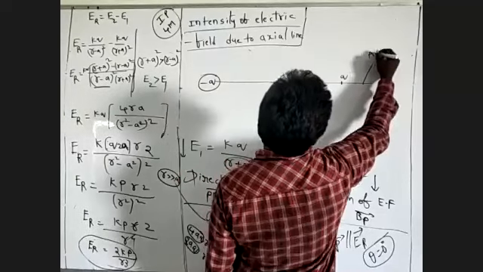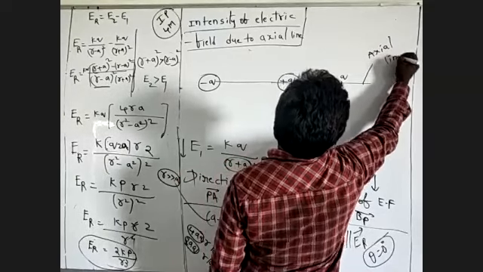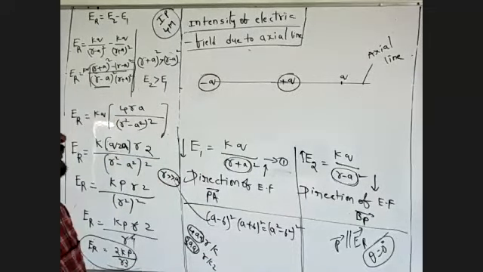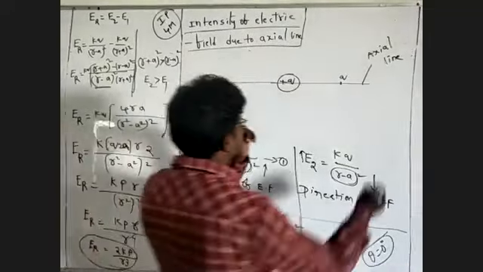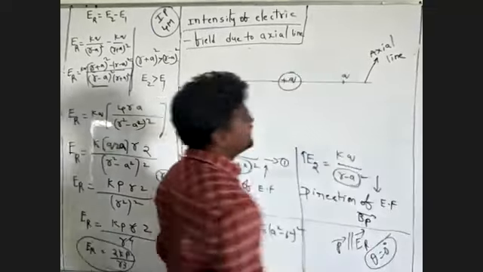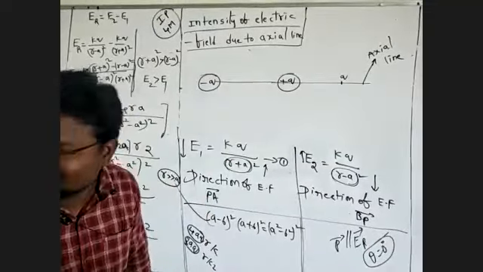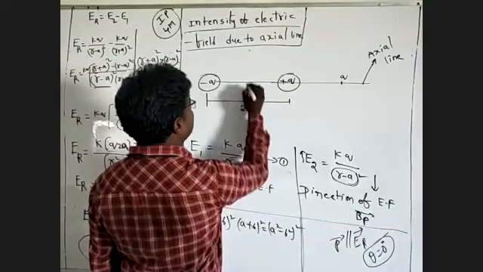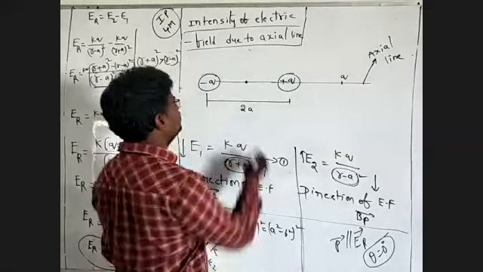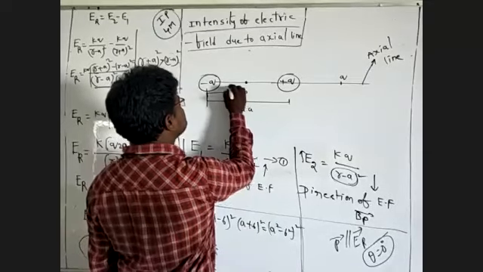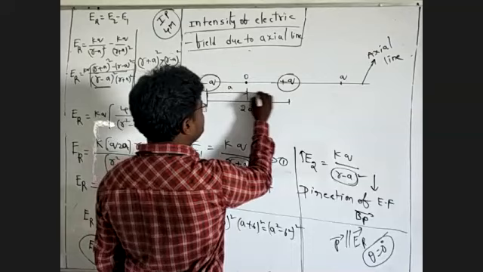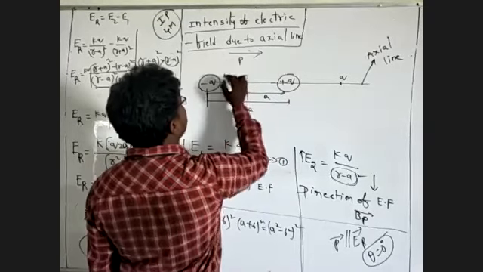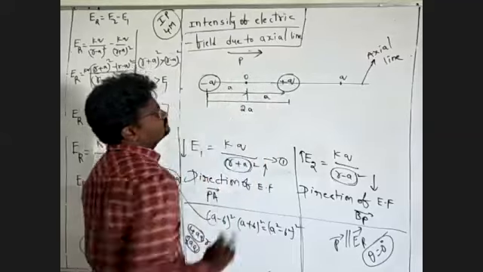The distance between the two charges is 2a. This is the point of the dipole. From here to here is a distance a, and from here to here is a distance a. This is the dipole momentum. The direction of dipole momentum is from negative to positive.